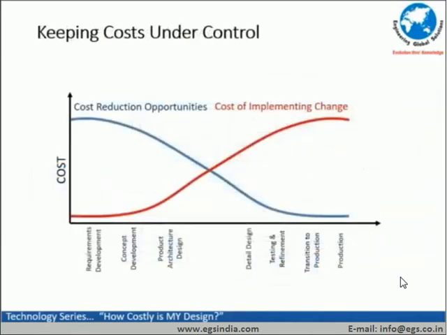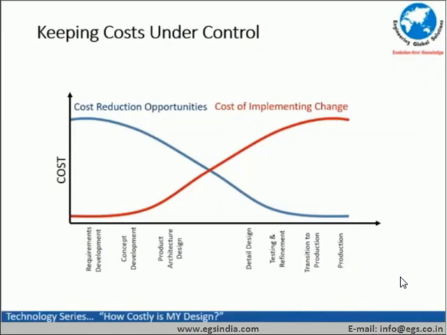Now, if you need to keep the costs under control, there are two different opportunities that help us to implement the cost reduction as a part of our design process. Upfront, early in design, when the requirements phase is there, when the conceptual development phase is there, and the product architecture is being put together, the cost reduction opportunities are pretty high, while the cost of implementing a change is pretty low.